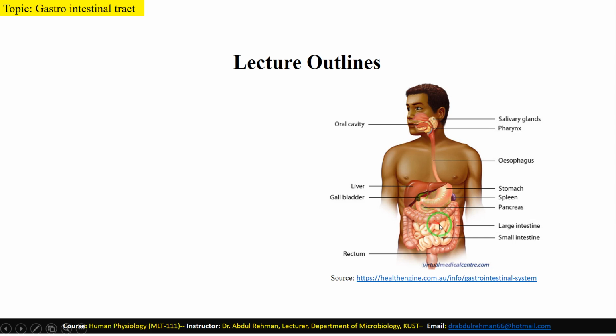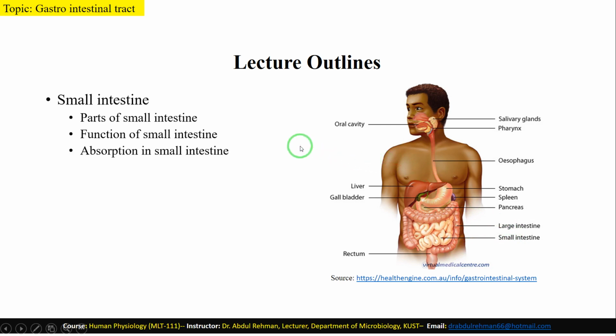After this, there are two other major portions of the GIT, that is the small intestine and large intestine. So today's lecture will be focused on these two parts of the GIT system. The small intestine is a tube-like structure that contains different sections, and these sections play a role in the digestion of food.